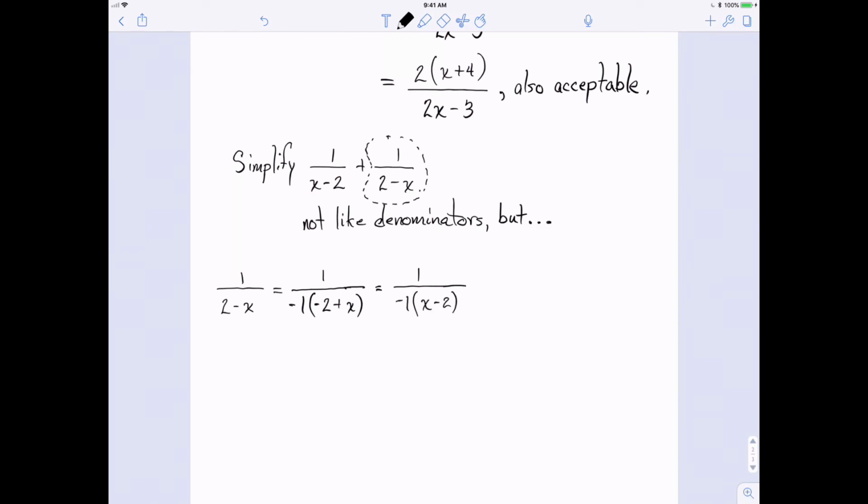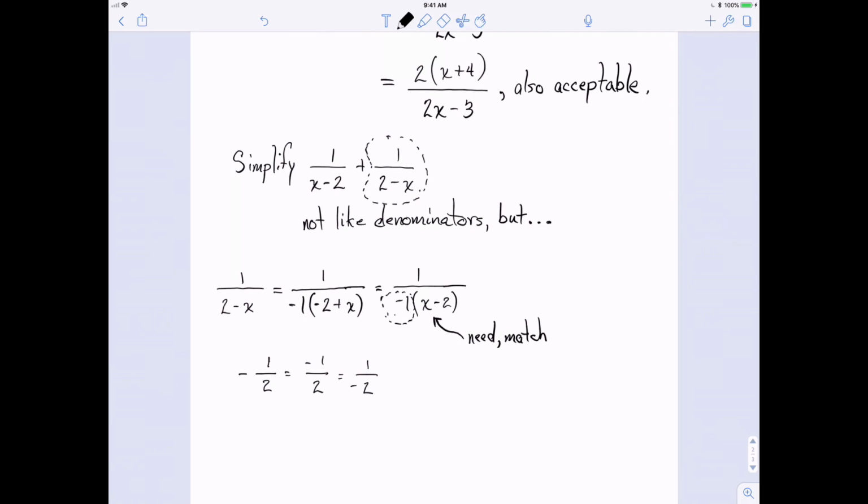Now look at this. This is what we need. This is the match. However, we still have the negative sign. And what we said is you can write a fraction, for example negative 1/2, as negative 1 over positive 2, or as 1 over negative 2. You can do all three ways. It's the same thing.